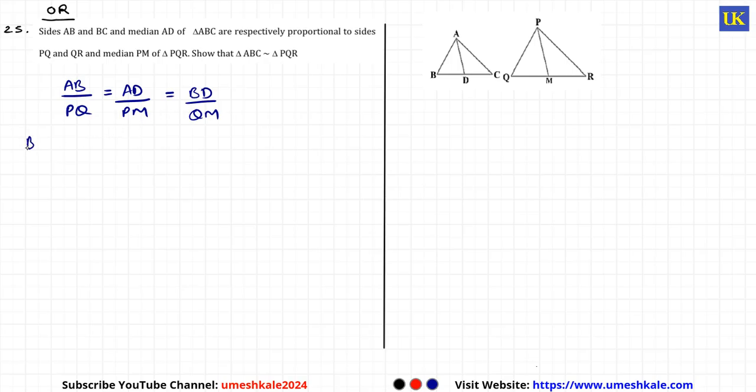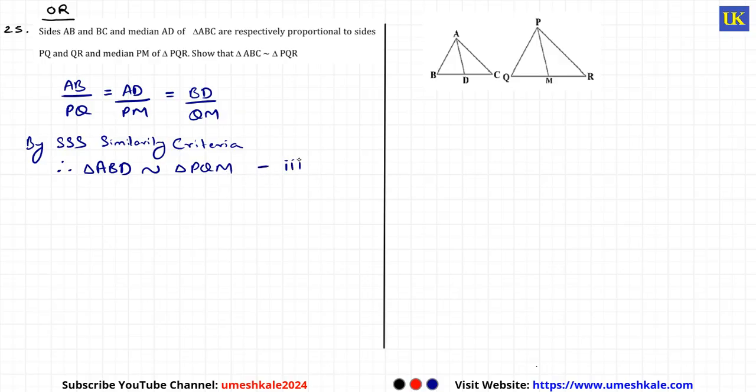And now by side side side similarity criteria, we can say that triangle ABD is similar to triangle PQM. Let me name this as our third equation.